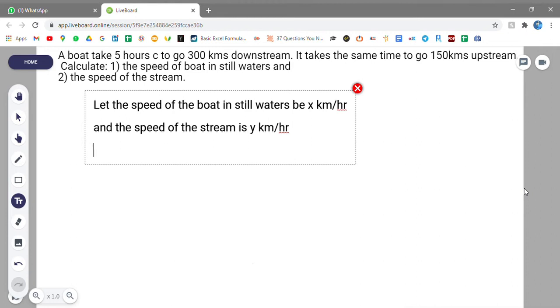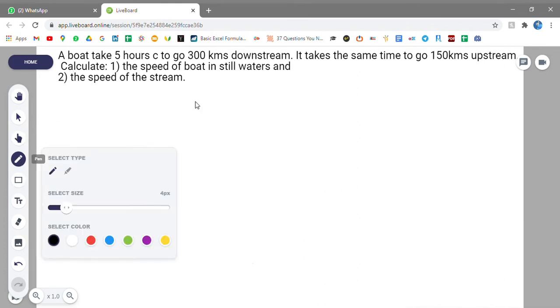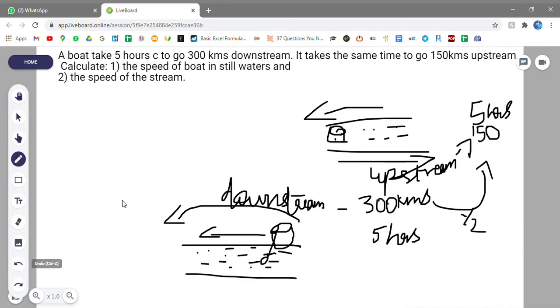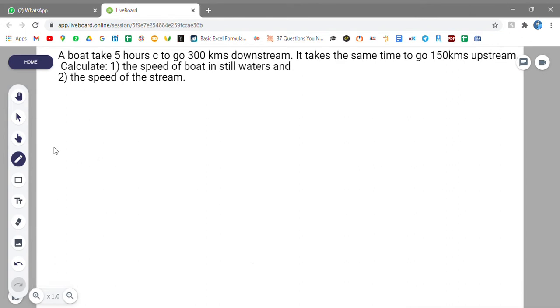Now let us read the question once again. The boat takes 5 hours to go 300 kilometers downstream and it takes the same time to go 150 kilometers upstream. Okay, so let me redefine this.